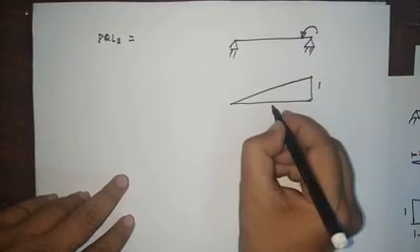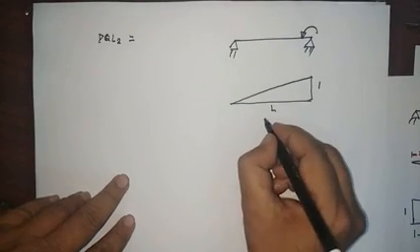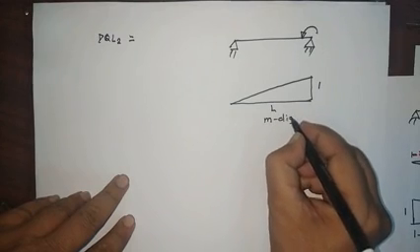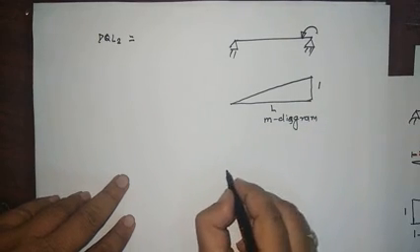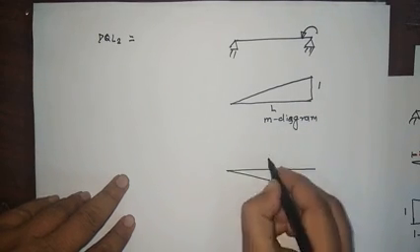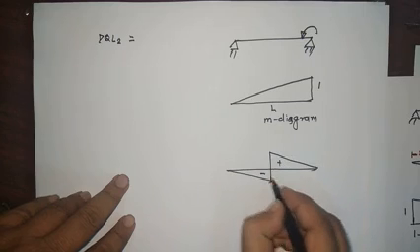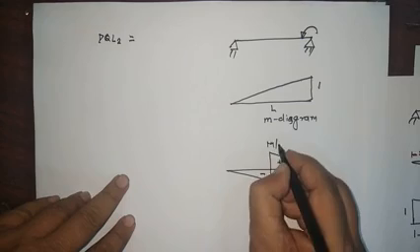This is 1 and this is L, and this is the small m diagram, and again our basic diagram, the M by EI diagram, is like this: a plus minus, this is m by 2 and this is m by 2.